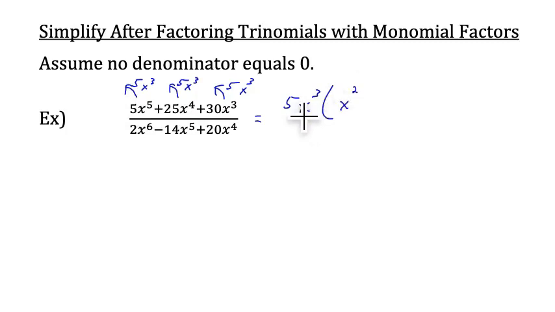We're just unmultiplying the three terms in the numerator by 5x cubed. All right, 25x to the 4th power divided by 5x to the 3rd power equals 5x. And 30x to the 3rd power divided by 5x to the 3rd power equals plain old 6.